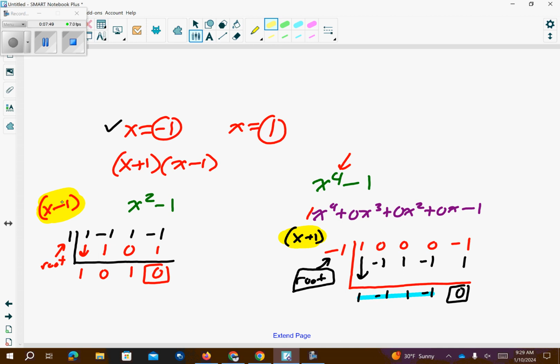So this went from being 4th degree to a 3rd degree. What degree is this then? This was 4th, this was 3rd, this is now a squared, 2nd degree. So x squared plus 0x plus 1.